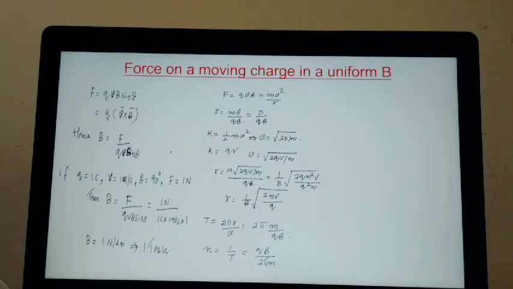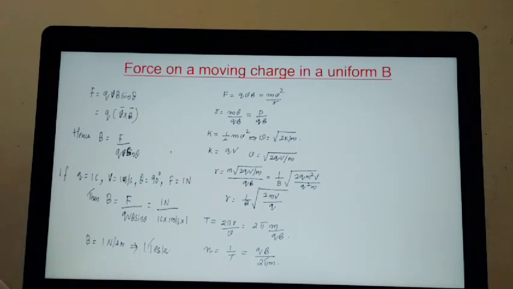So r is equal to 1 by B into root of 2mV divided by q. What is that r? That r is the radius of the circular path through which that charged particle is moving within that magnetic field. We have already seen that the particle will drive a circular path, and the radius is given by r is equal to 1 by B into root of 2mV divided by q.